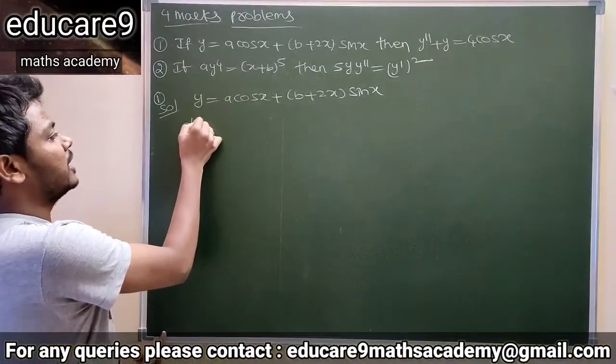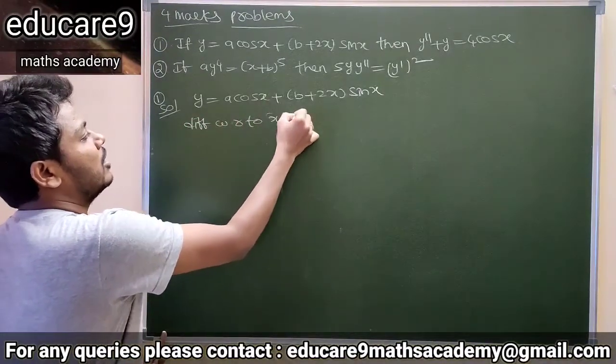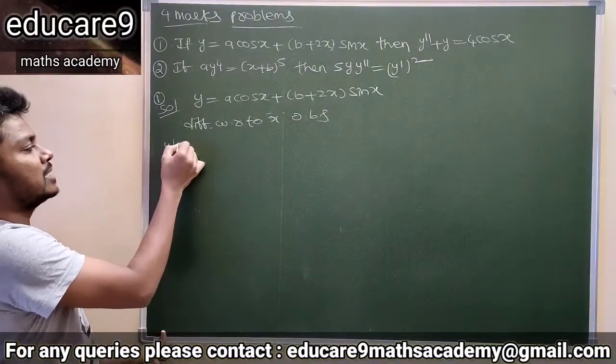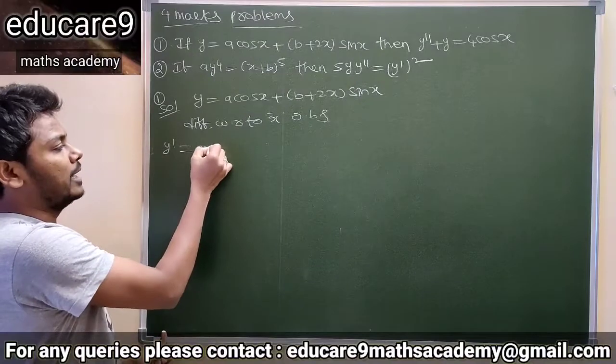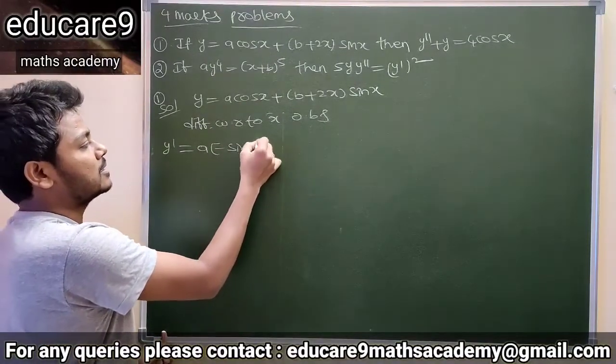Now differentiate with respect to x on both sides. So this is y dash is equal to a into the derivative of cos x, that is minus sin x.